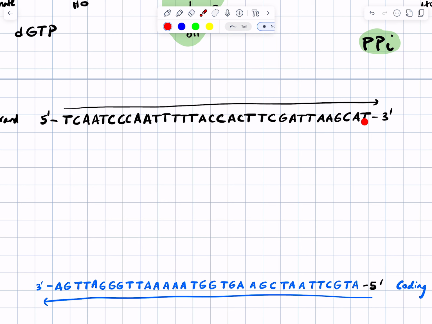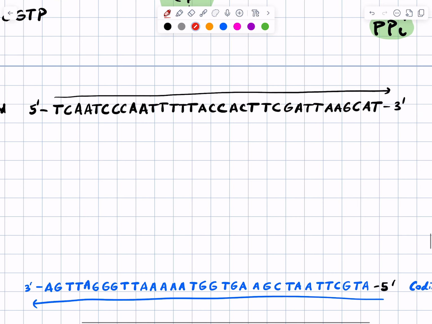It will start at the 3' end of the coding strand, and it's just going to start inserting mRNA, which we'll represent in red. Okay? So for mRNA, every time there's a T, we insert A. Every time there's an A, you insert U. Otherwise it's going to be exactly the same.